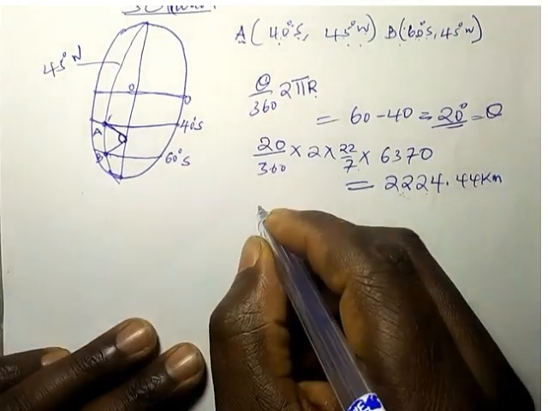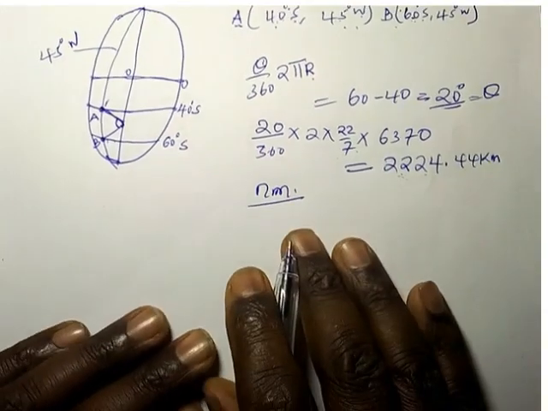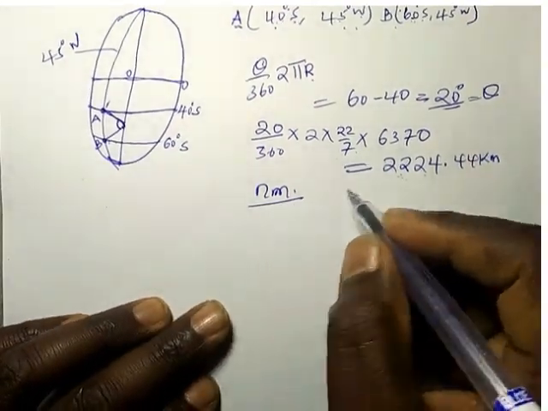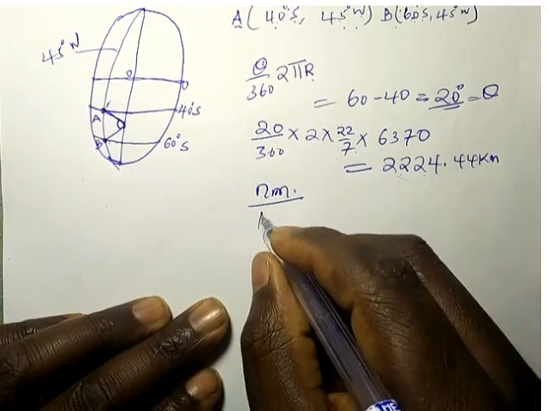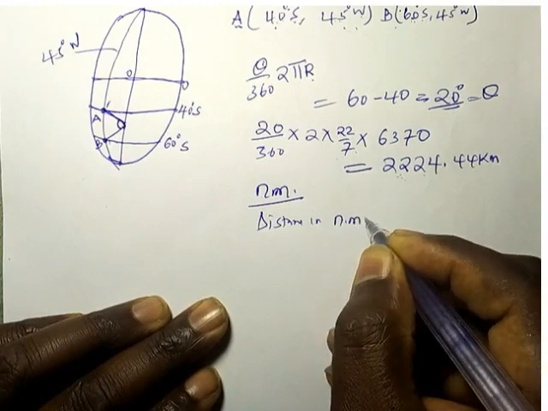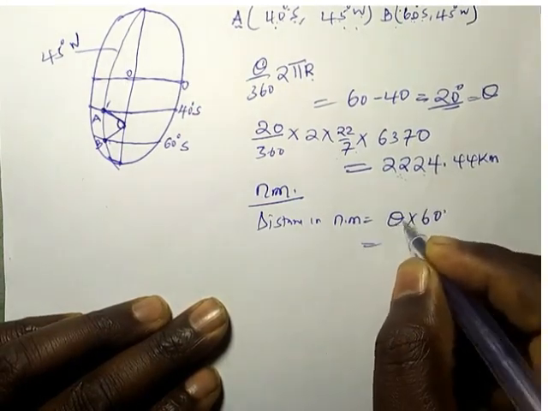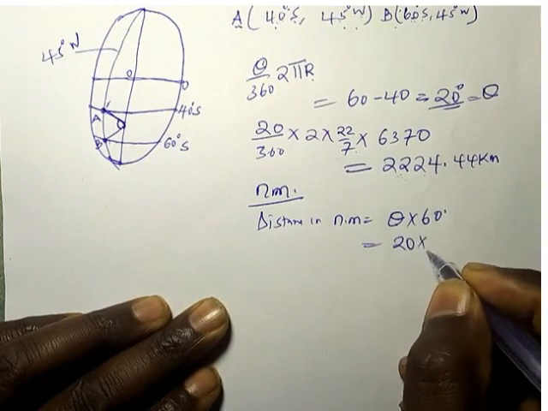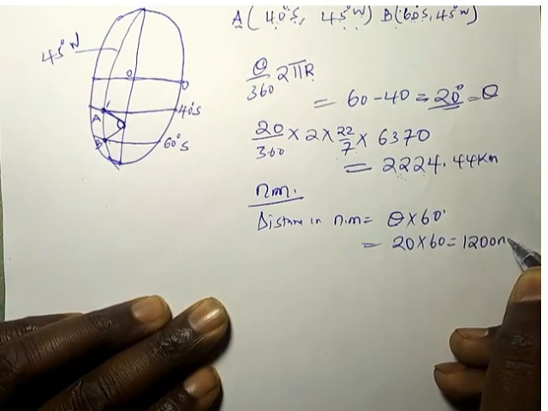We can now calculate in nautical miles. For calculating nautical miles, you can convert this one or just go direct and say the distance in nautical miles is given by theta times 60. So theta we have is 20, times 60, and that gives us 1200 nautical miles.